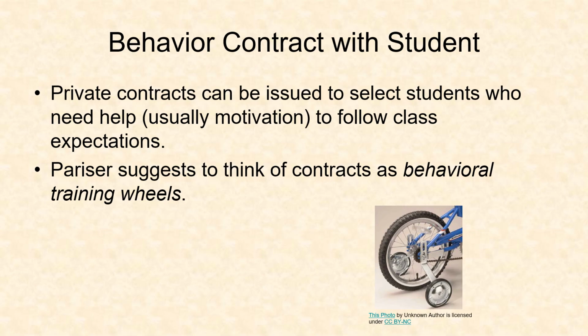One researcher, Pariser, suggests to think about contracts as behavioral training wheels. Remember when at one point in your younger life you learned to ride a bike and your family probably put on these training wheels? Well, at first you need that just to stay upright so you don't fall.